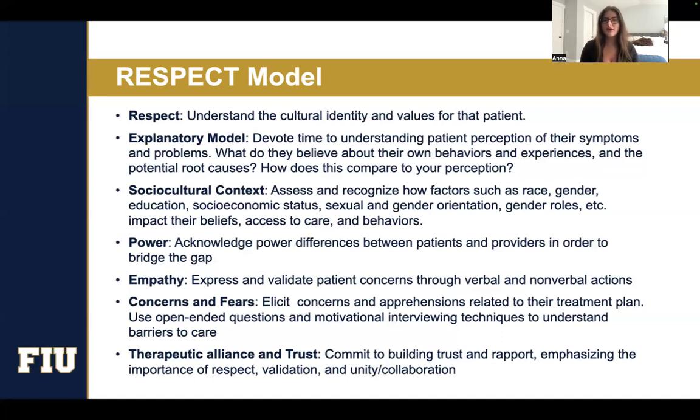Power, so acknowledging the power differences between us and the patients, and then working to bridge that gap and put us on more of an even playing field. Expressing empathy and validating concerns is extremely important, and that's done both verbally and non-verbally. And then ensuring that we're understanding the root fears, concerns, and eliciting those apprehensions from our patients.